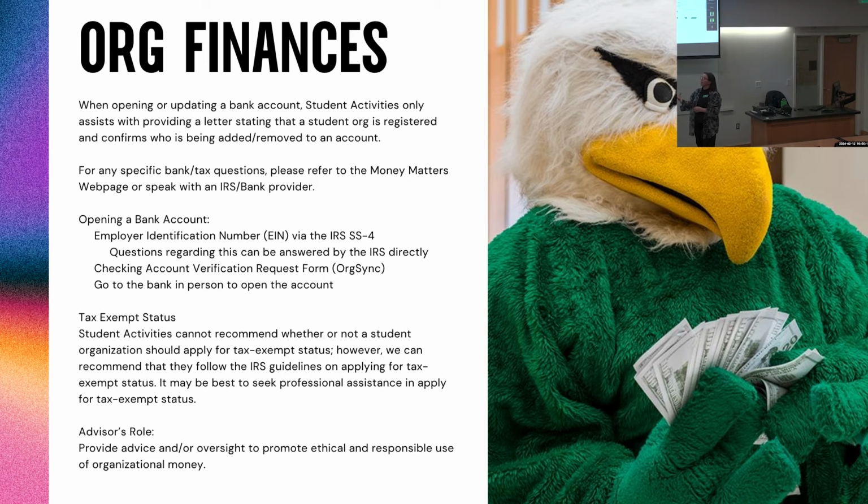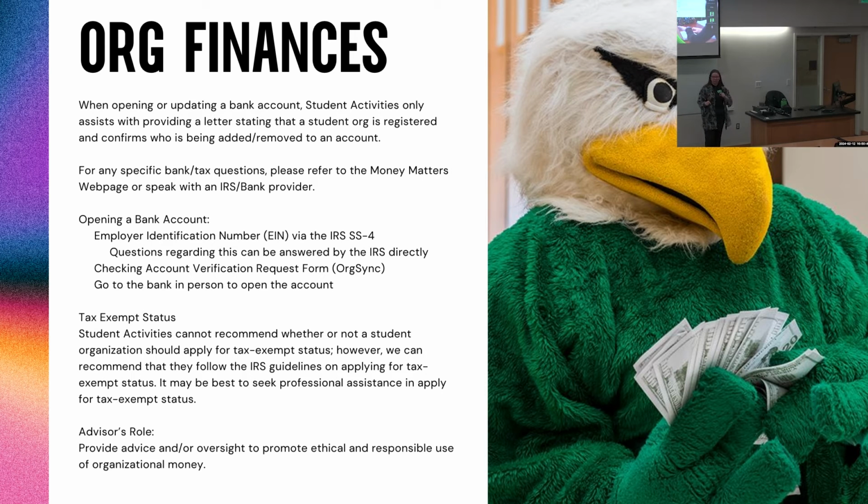Once you get that EIN, you will then apply through the checking account verification request form on OrgSync. That will verify that the organization is a registered organization, as well as verify who is being added onto the account. And then once the student organization has received that PDF file that is emailed to you, you are able to go to the bank in person to open the account.